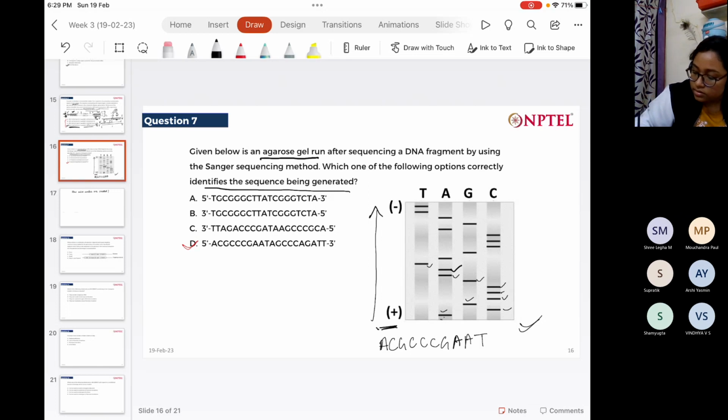Then T, then again A. Then G, C, C, C. Then A, then again G, then A.